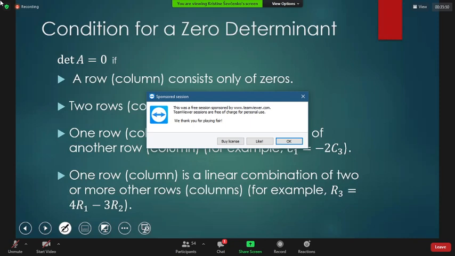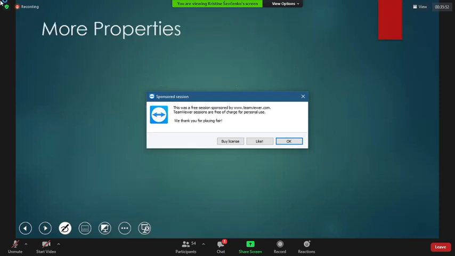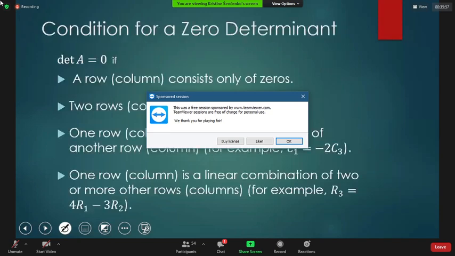That means row 3 is a linear combination of those two rows. And that means I can work with these two rows, multiplying them by good numbers and adding them to the third row, just to make zeros there.